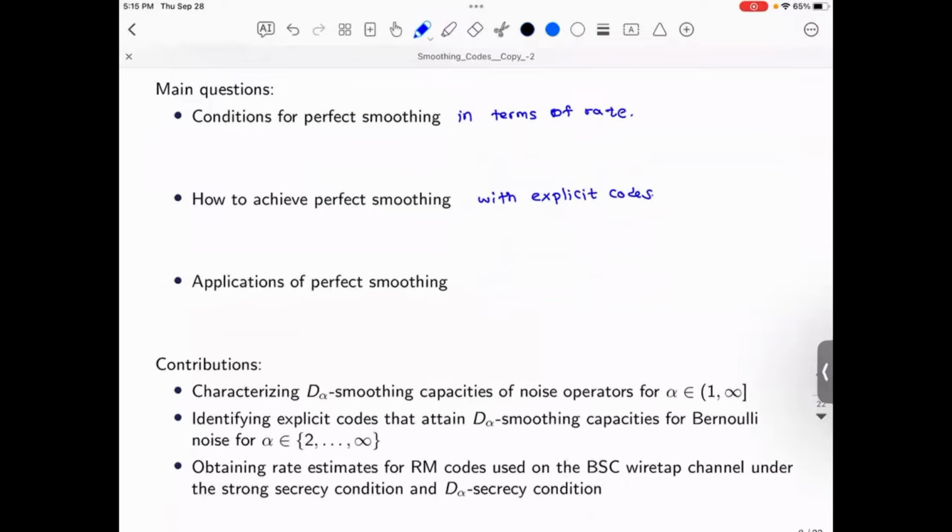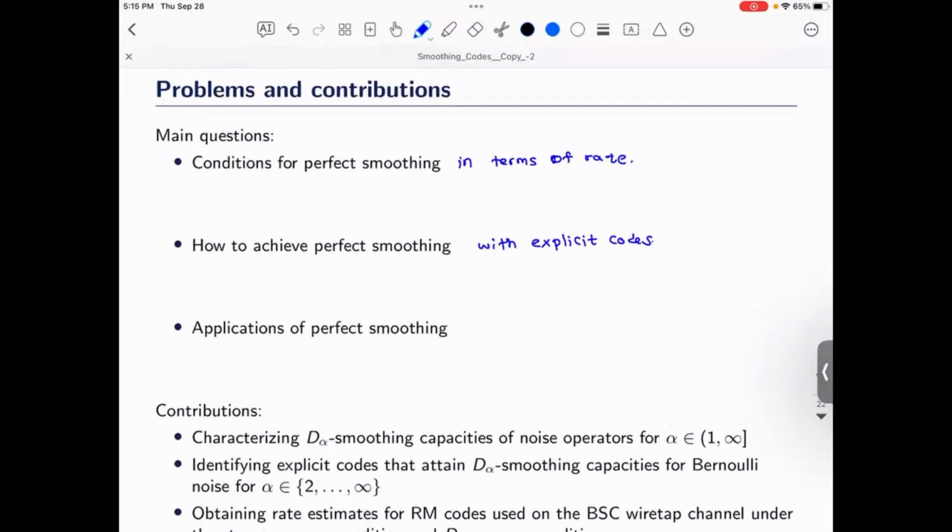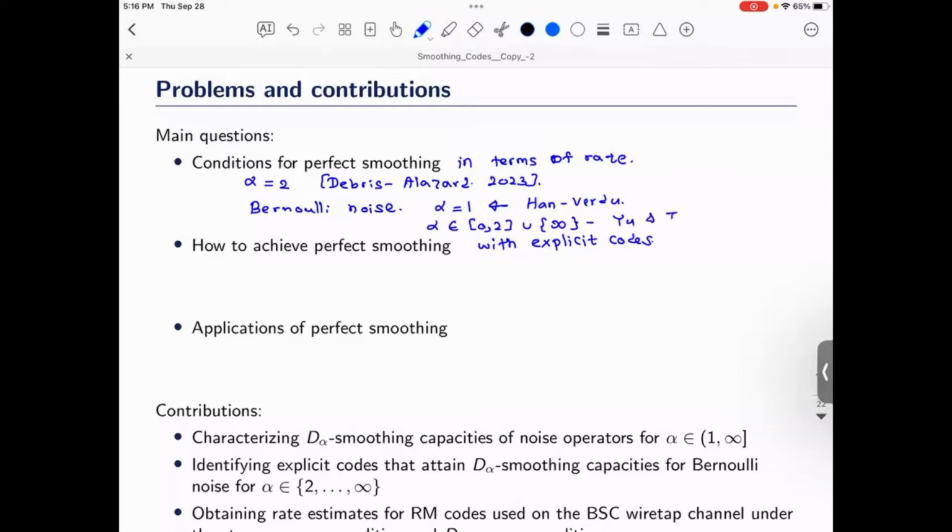Before going to contributions, let me list what the known results are. For alpha equals 2, this problem has been considered by Debris-Alazard in 2023. For Bernoulli noise, this case has been considered long ago, and for alpha within this range, it was considered by Yu and Tan.